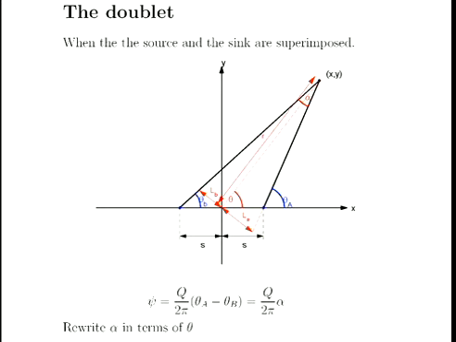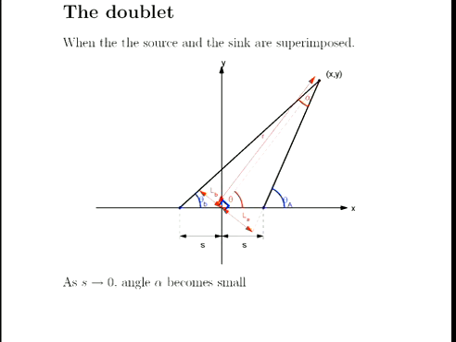As S becomes small, you can all see that angle alpha is going to become small, yes? So I'm going to be able to make use of the small angle approximation. And the way that I've sketched those distances LA and LB, there are right angles close to the origin as shown on this figure.